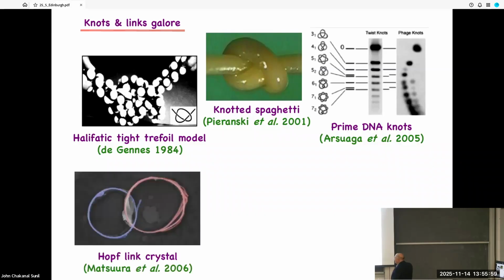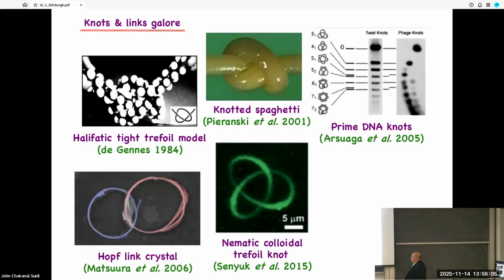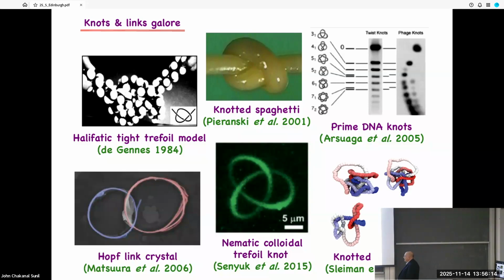All right, and then you have hot link crystal by a Korean group, all sorts, pneumatic and colloidal, trefoil knot realized by, I believe, the group of Ivan Shmalyuk in Colorado, and so on and so forth. And I had to mention, of course, I'm forced to mention the group done here by Davide Micheletto.